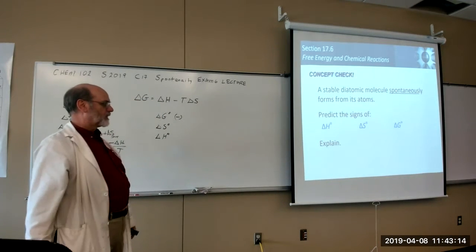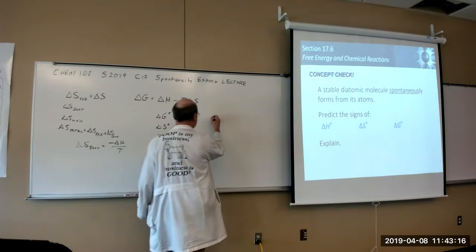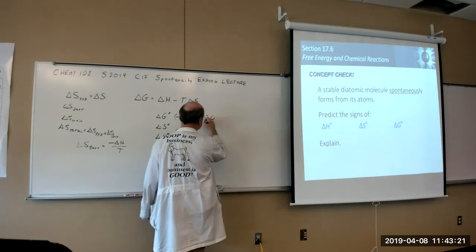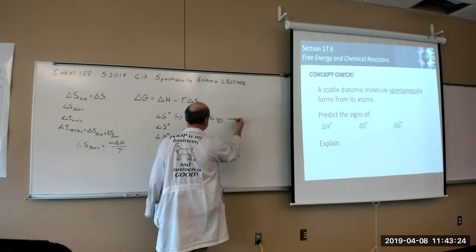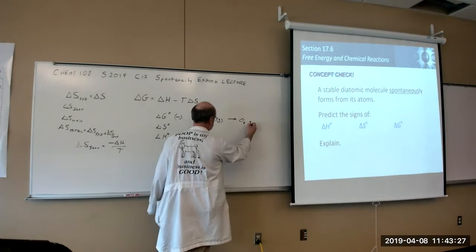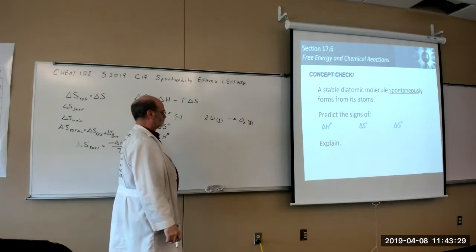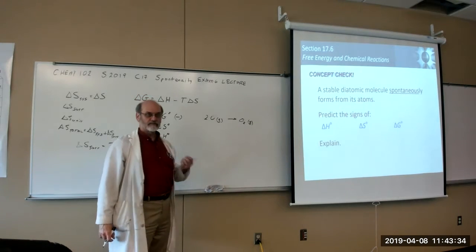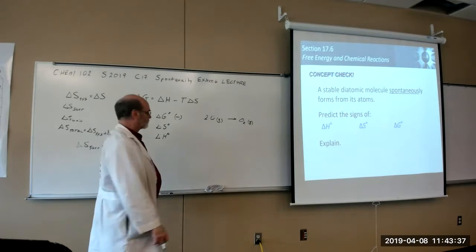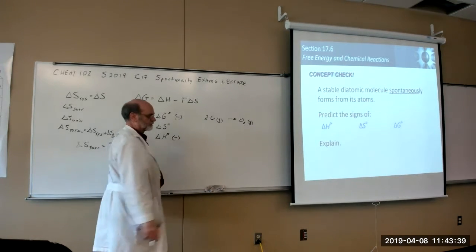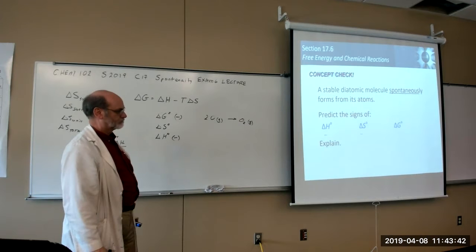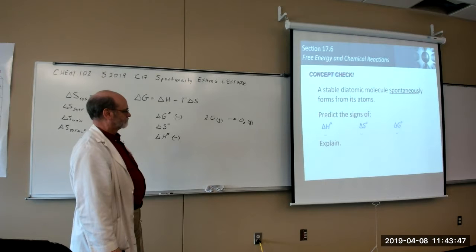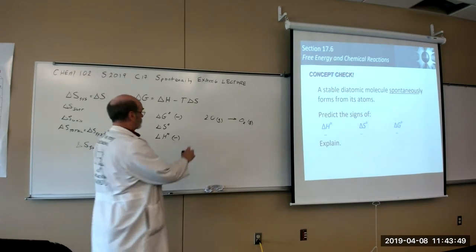So when you go from individual atoms, let's just make up one: 2 oxygen atoms yield O2. When you form a bond, what happens? It gives up energy, doesn't it? So this one should be negative.